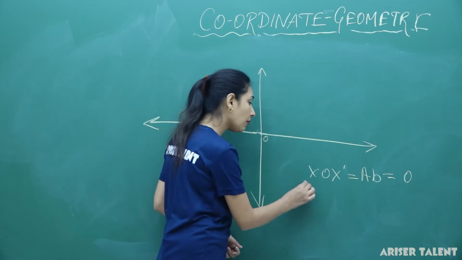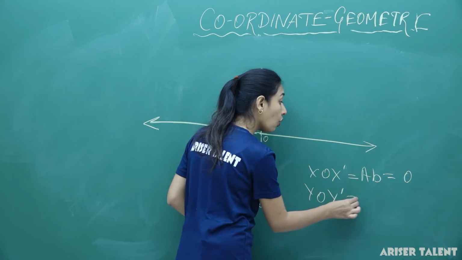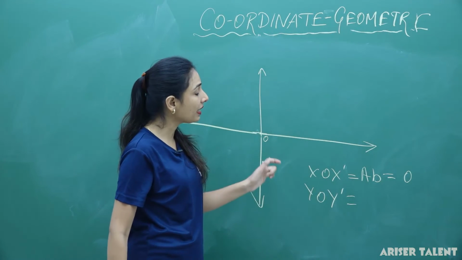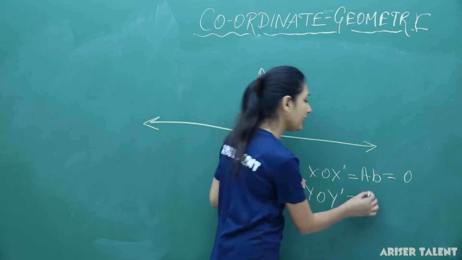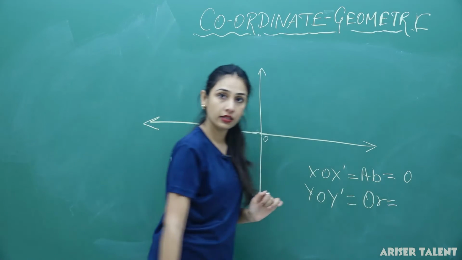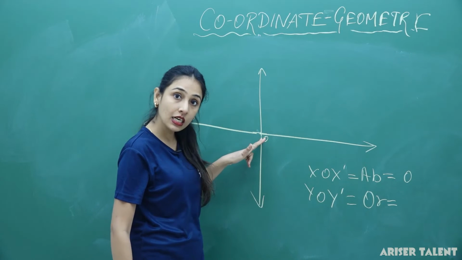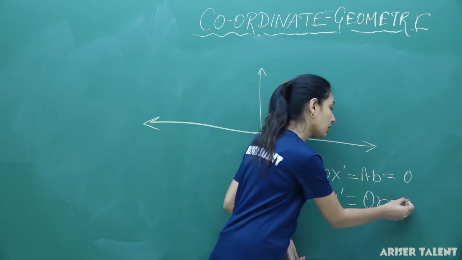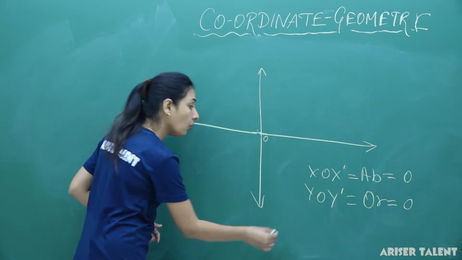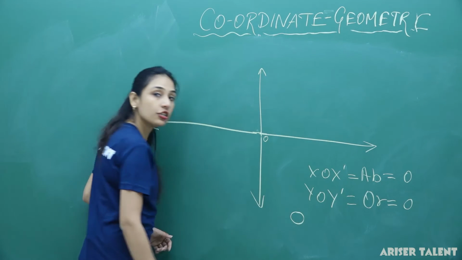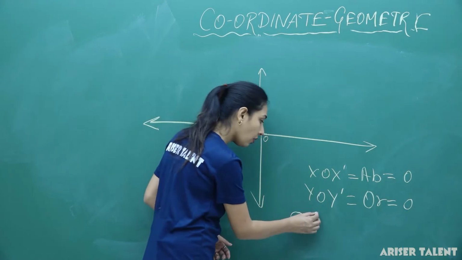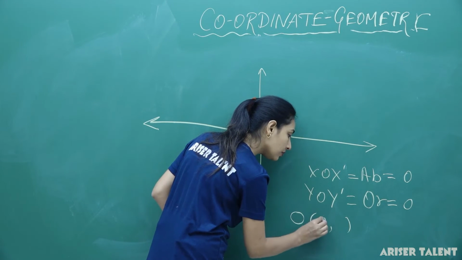On the Y O Y dash axis we find the ordinate, and the ordinate of this point is again 0.